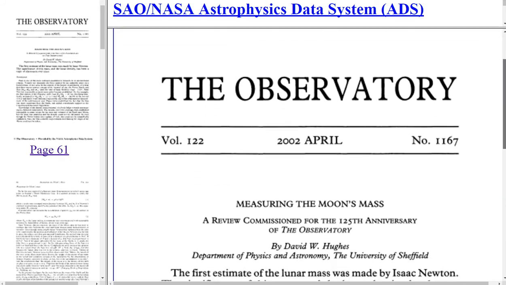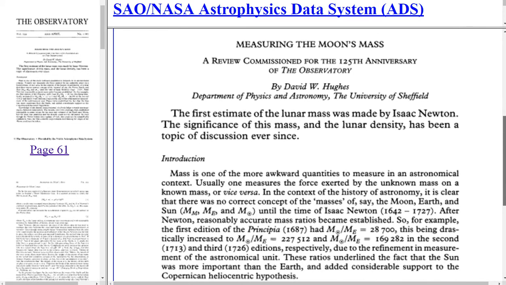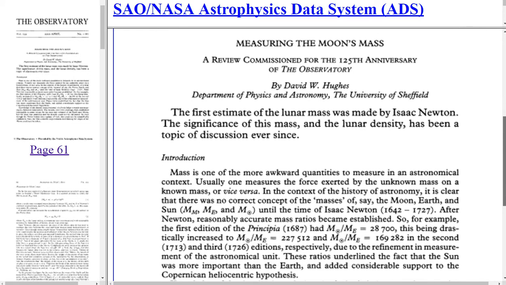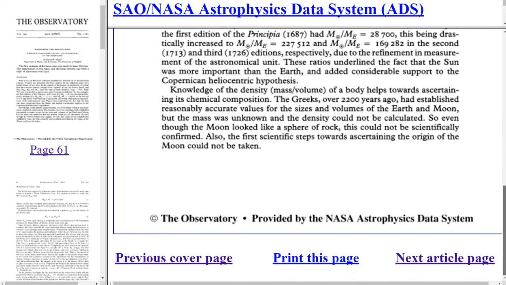And here's the perfect article if you want to just know the history of how they measured the moon's mass. And this goes on pretty far back. The Greeks over 2,200 years ago established reasonably accurate values. But the mass of the moon was unknown and the density could not be calculated.